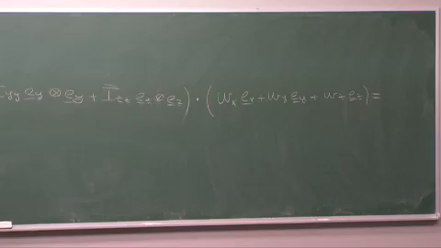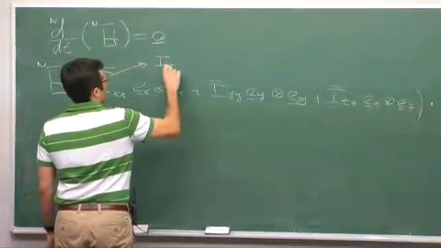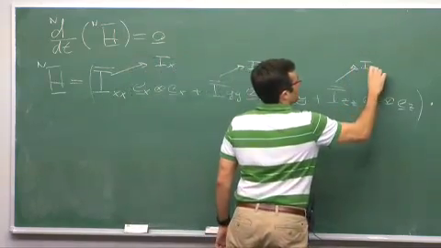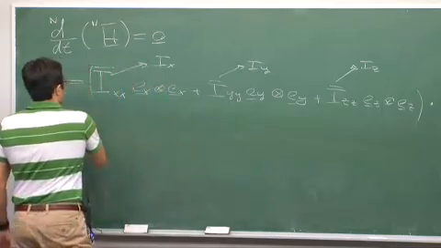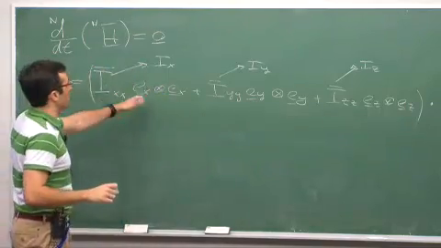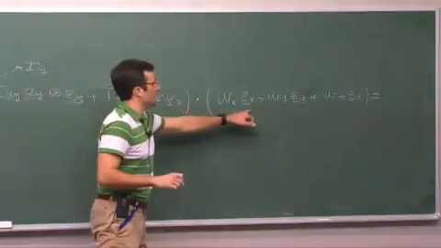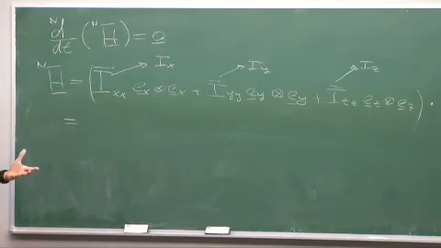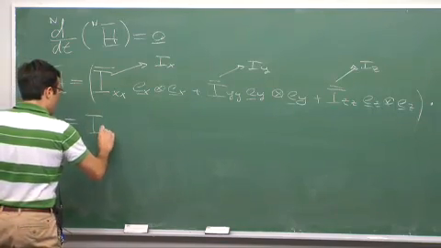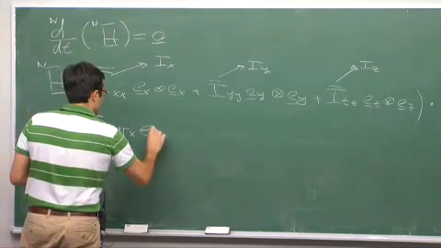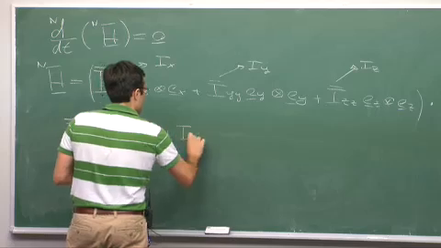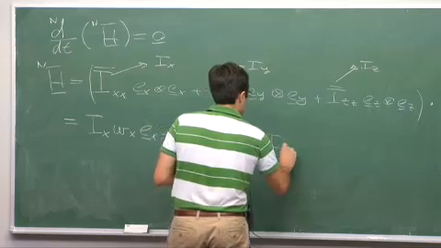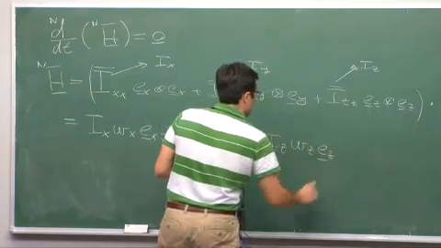I'm calling these Ix, Iy, and Iz, just to make my life a little easier. Only terms that really survive are those that have the common unit vectors. So your final h bar projected in the coordinate system fixed to the body is Ix omega x ex plus Iy omega y ey plus Iz omega z ez, which is beautiful.